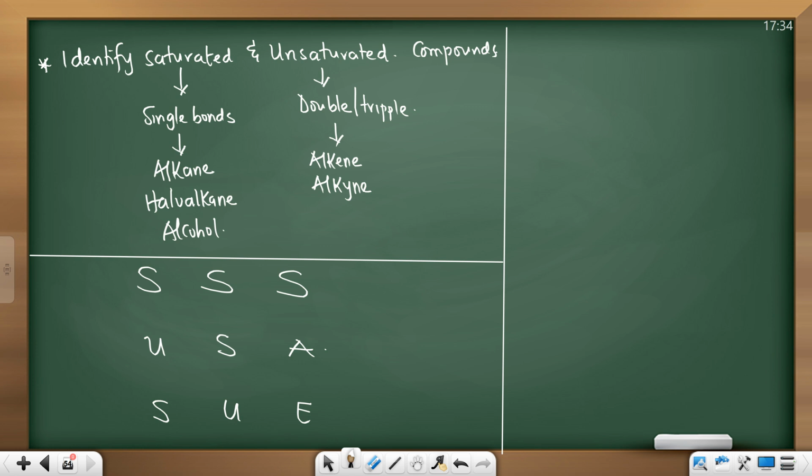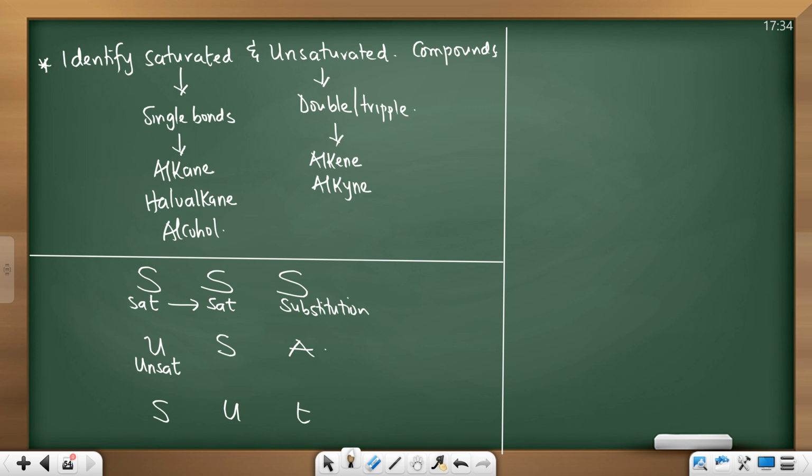The first S, once I see S, if I am moving from a saturated compound, if my reactant is saturated and my product is saturated, it is a substitution reaction, which means I am only exchanging. What is my U? Unsaturated.